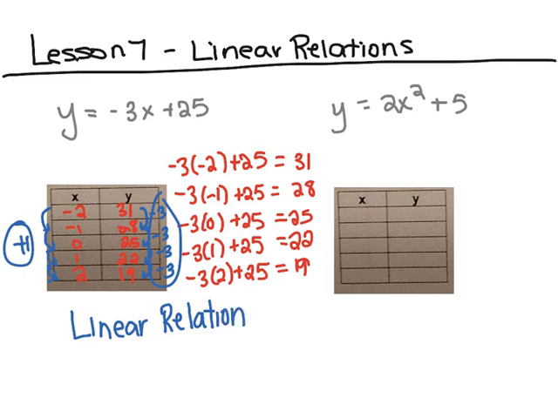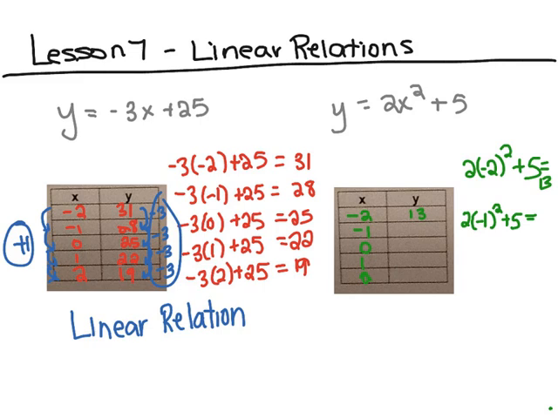Now let us try the next one. So we have, try again, -2, -1, 0, 1, and 2. Plug it into our equation. So 2 times -2 squared plus 5. You should get 13. 2 times -1 squared plus 5.